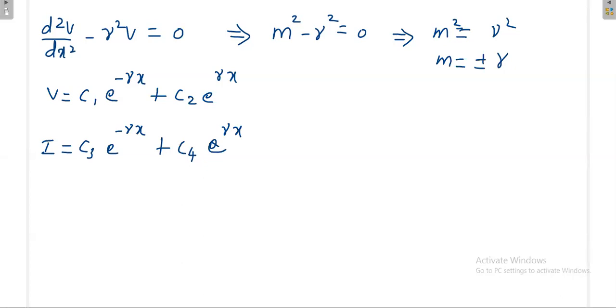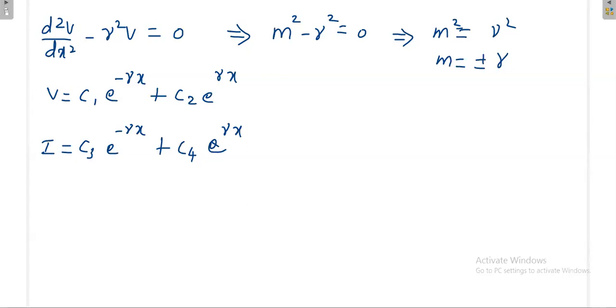So C1 indicates the voltage that is present at the source. In general, C1 is equal to Vs, the voltage present at the sending end.